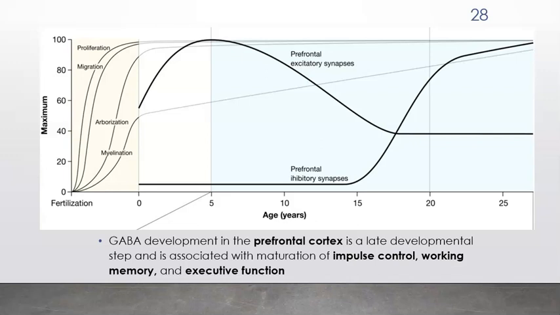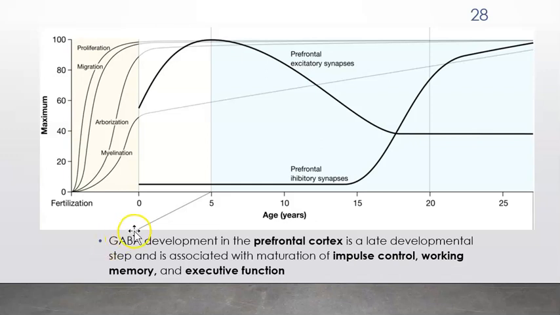So here, GABA development in the prefrontal cortex is a late developmental step, associated with maturation of impulse control, working memory, and executive function. So we get those fine motor movements because of this increased inhibition.